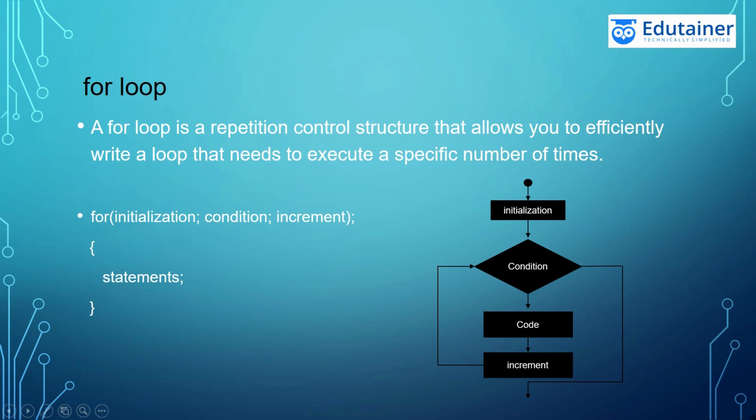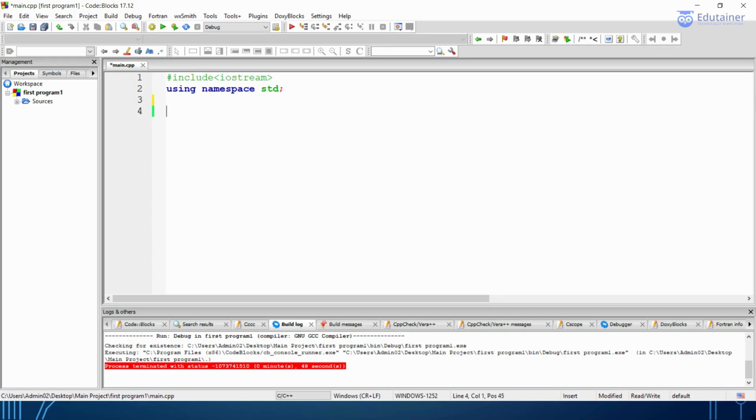Now let's move to Code::Blocks and have a practical. In Code::Blocks, we will be creating an integer main function in which we will be printing numbers from 0 to 9. For that, I will be implementing a for loop.